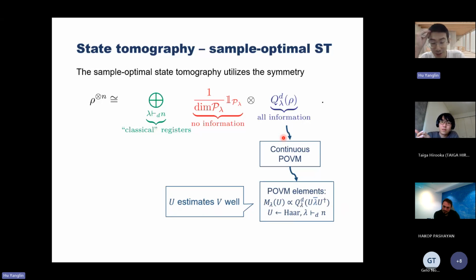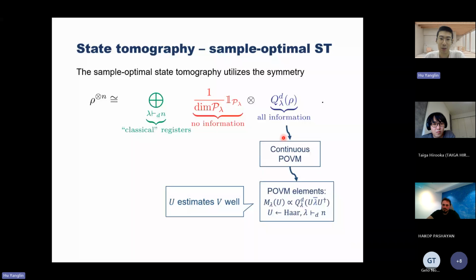So by unitary of the quantum state, I mean we can write any quantum state as rho equals V times mu times V dagger, where mu is the spectrum of the quantum state, and V is the unitary to make the rotation once you get the spectrum.